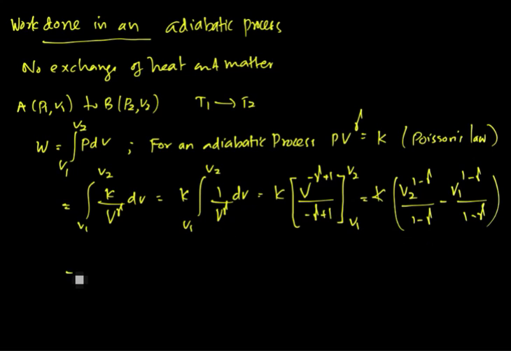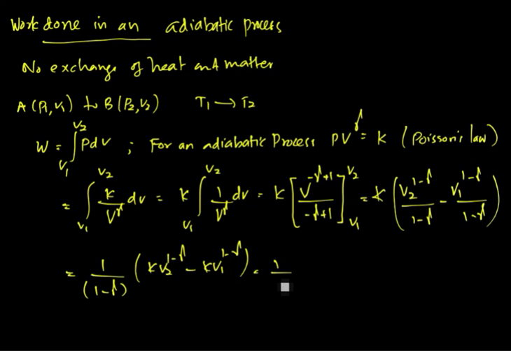So this is equal to, taking 1 minus gamma outside, 1 by 1 minus gamma into K V2 raised to 1 minus gamma minus K V1 raised to 1 minus gamma.